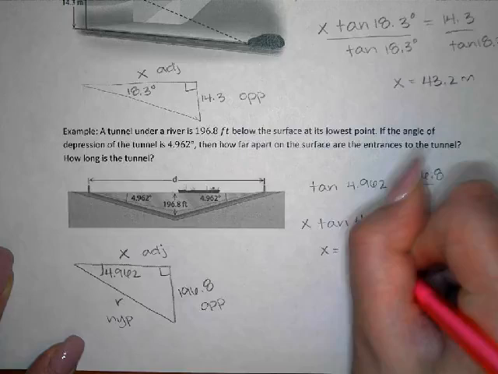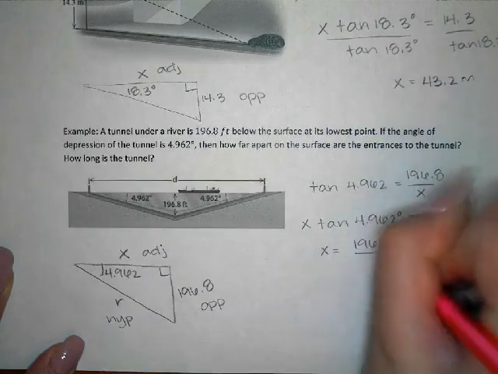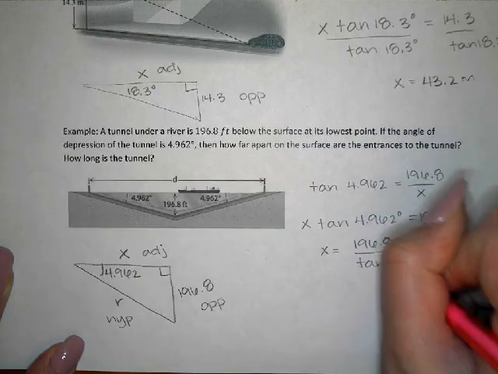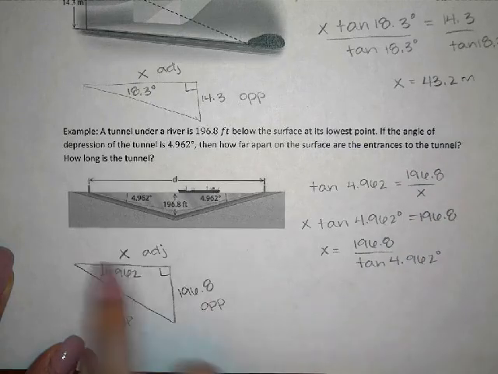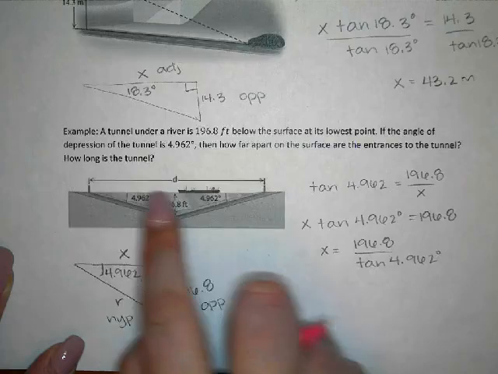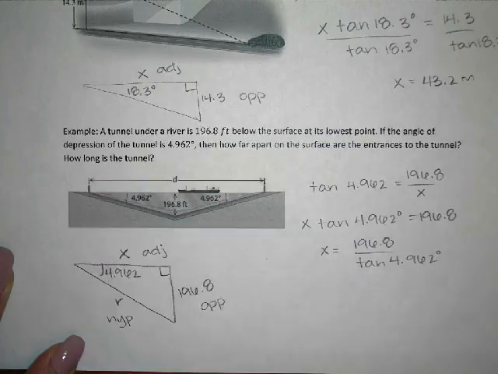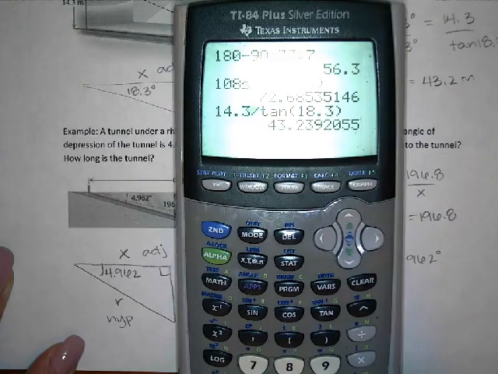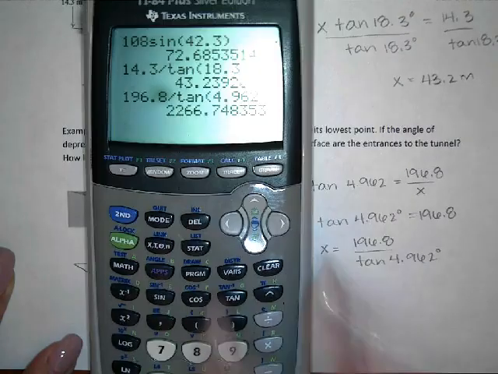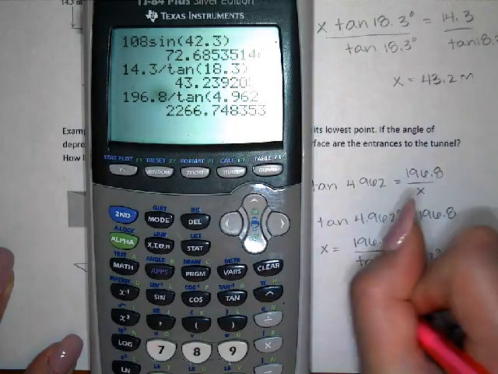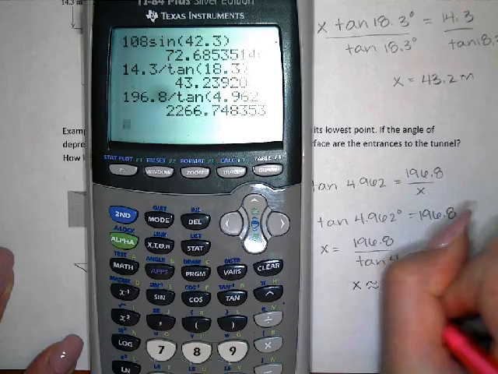So this is that horizontal distance. The entire thing tells us how far apart the entrances of the tunnels are. So 196.8 divided by tangent of 4.962. So I'm going to go ahead and round to the nearest tenth. And before I get rid of this decimal on my screen, I'm going to go ahead and multiply it by 2.